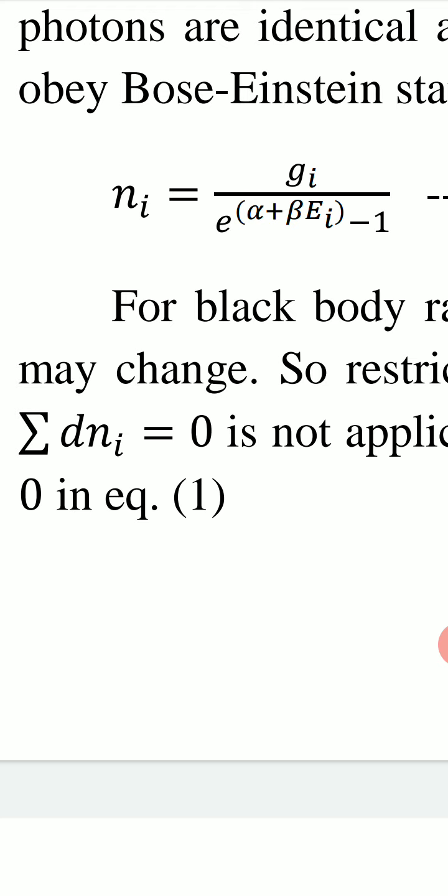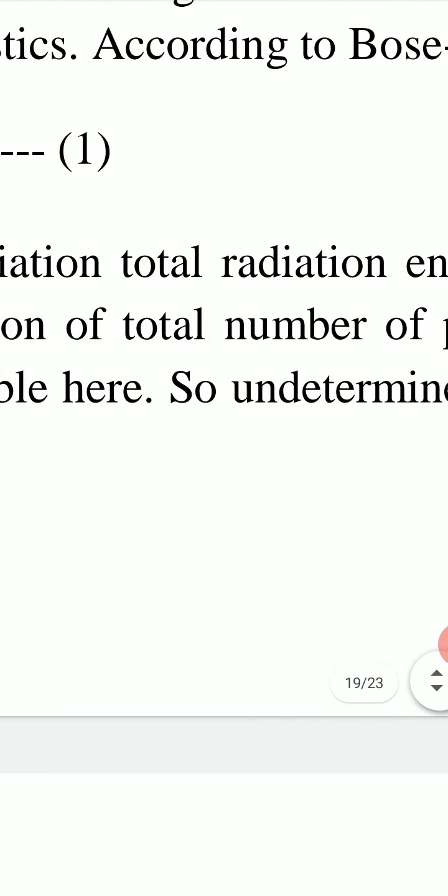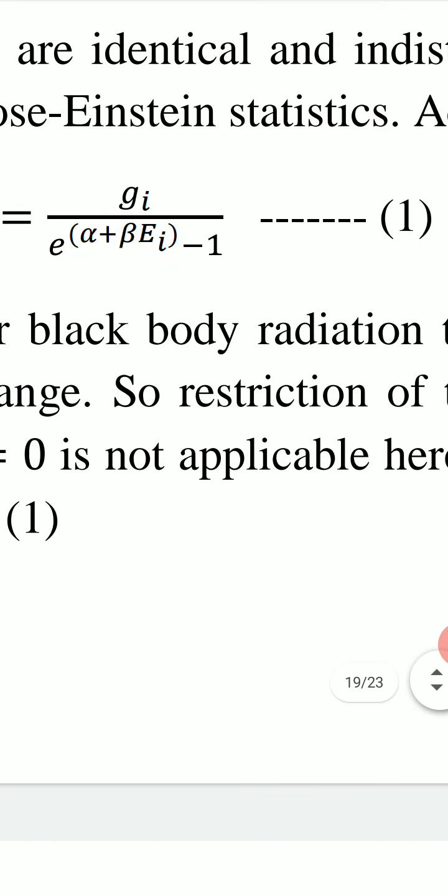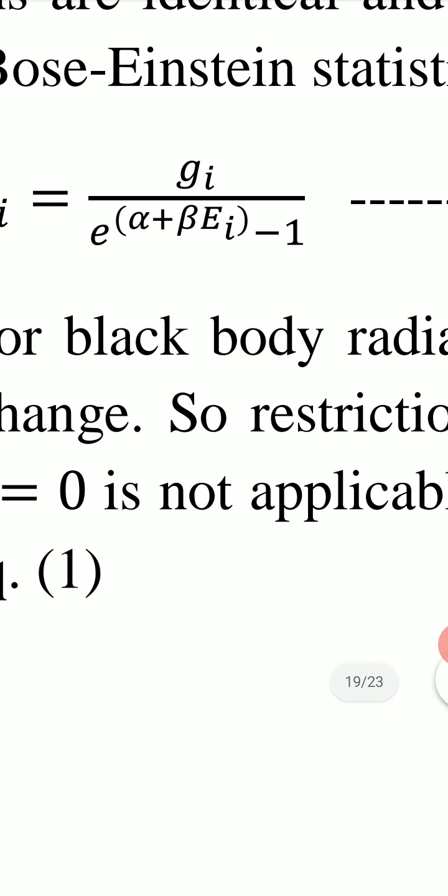Constant alpha is introduced from the condition that the total number of particles is constant, and constant beta is introduced from the condition that the total energy is constant.